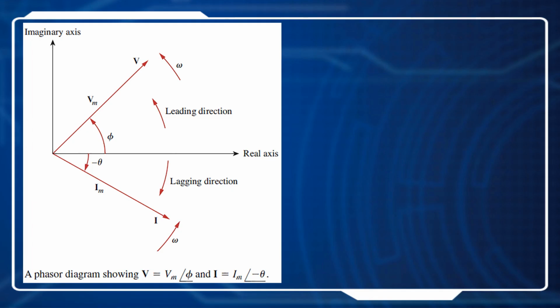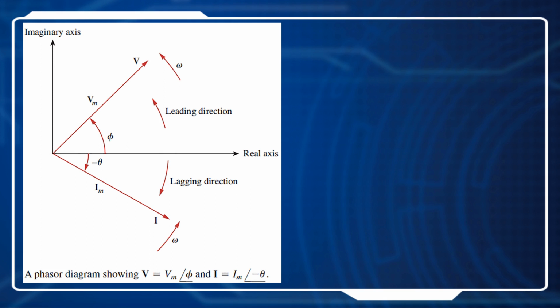For example, if we draw a phasor V representing the voltage and a phasor I representing the current in the graph, both V and I are rotating in the counterclockwise direction. However, you will find the voltage V is leading the current I.